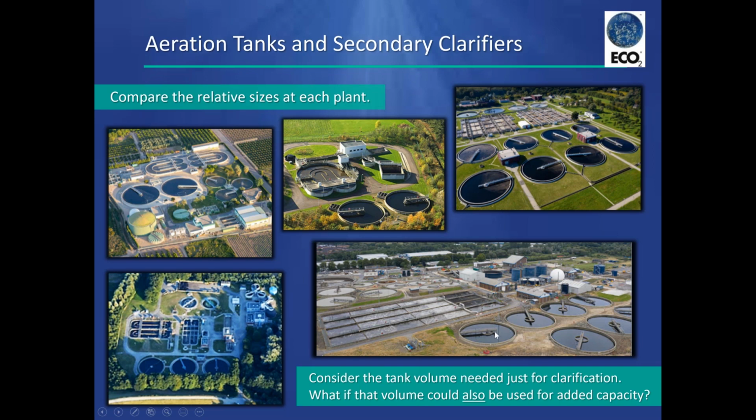So we'll later on look to see that relative fraction, but because the solids sitting in this secondary clarifier are not oxic, they are not included in the design for solids under air to achieve a certain amount of consumption of the BOD. So what if that volume in the clarifier could be used for added capacity? So next slide.